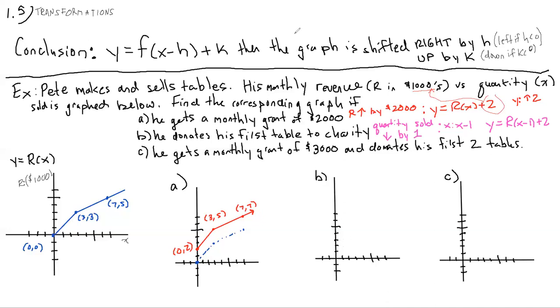So again, I'm going to start with the initial graph of 0, 0, 3, 3, and 7, 5. It's a little bit weird because they're connected lines, which does mean that maybe he's making 1.5 tables, but maybe somebody only wants to buy half a table.